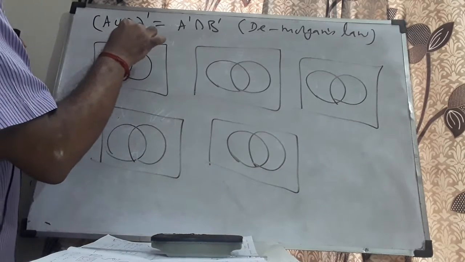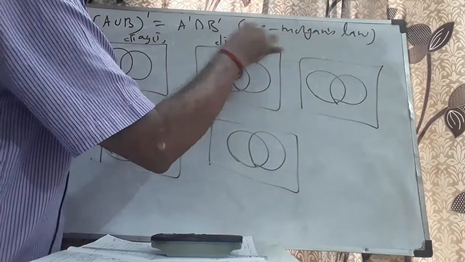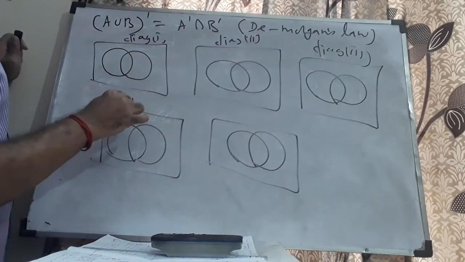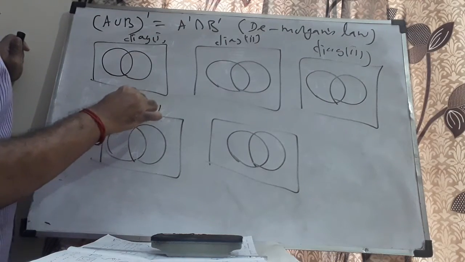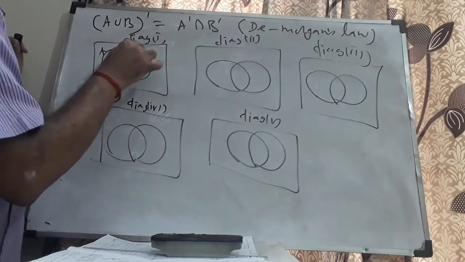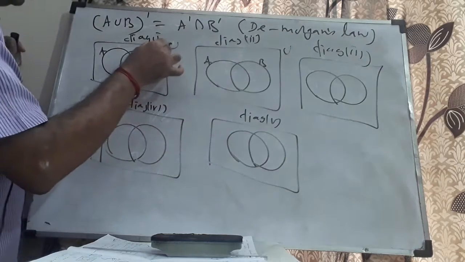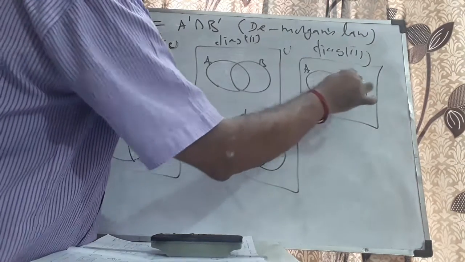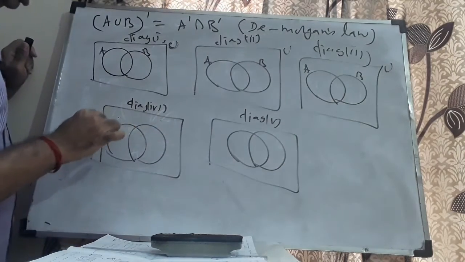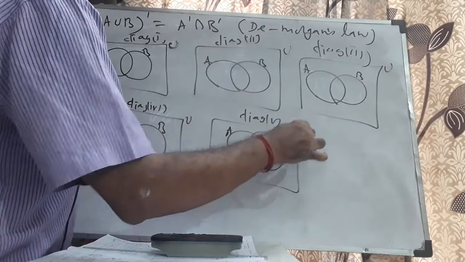This is diagram 1, this is diagram 2, diagram 3, diagram 4, and diagram 5. In each I mark A, B, and the universal set. The outside rectangle or square is called the universal set. The same order I should take in all the possible cases.